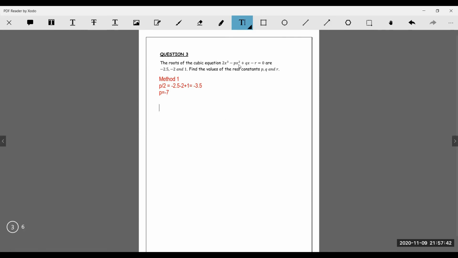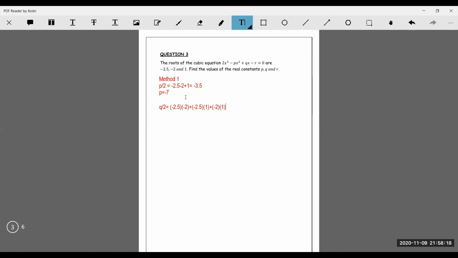Now the next thing we know is that Q over 2 is equal to the pairwise product, which is minus 2.5 times negative 2 plus negative 2.5 times 1 plus negative 2 times 1.